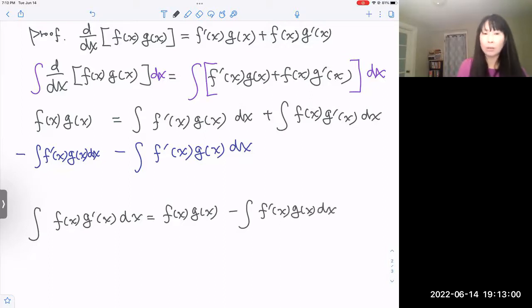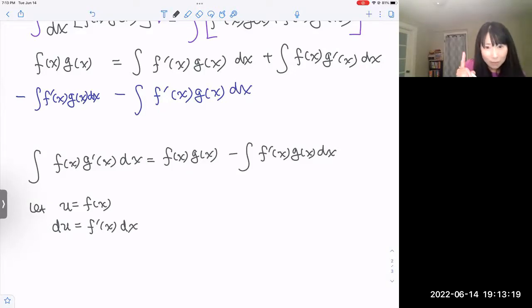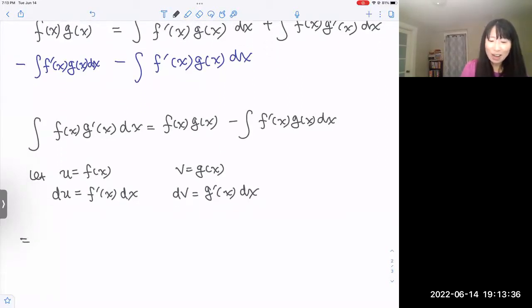Okay, now let u equal to f of x. Then what do you get? Du. We know that du equals f prime of x dx. Now we have v equal to g of x. Then we do the derivative of v, same thing, g prime of x dx. All right, thank you. Now we just rewrite, okay?